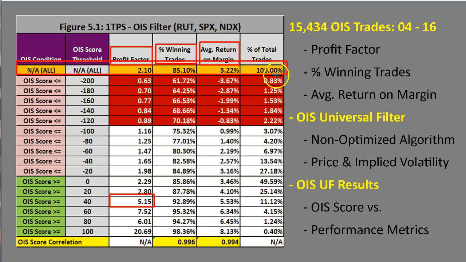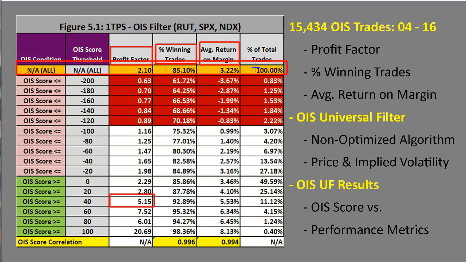So as you can see here in the first row, the profit factor counting all 15,434 trades was 2.10, meaning on average we generated $2.10 of gains for every $1 of losses incurred.